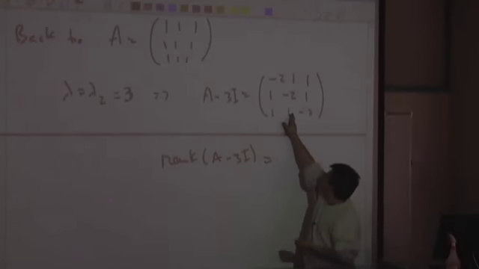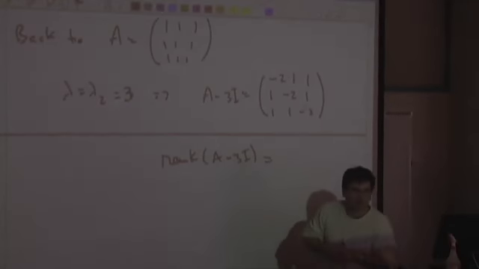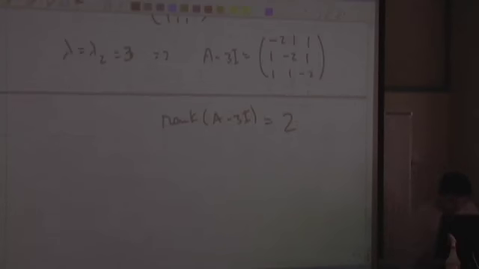So that's easy, right? You can see the first and the second are not multiples of each other. So the answer is the rank is 2, right? But in my opinion, the best way is to find a 2 by 2 submatrix, or called minor, whose determinant is not 0.